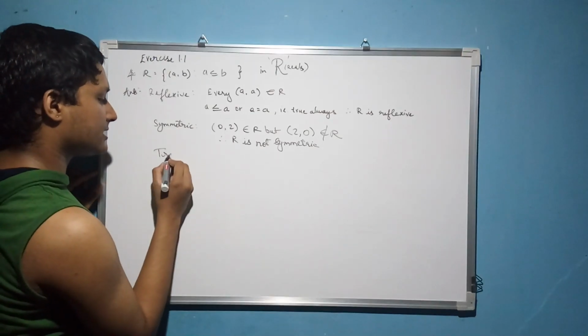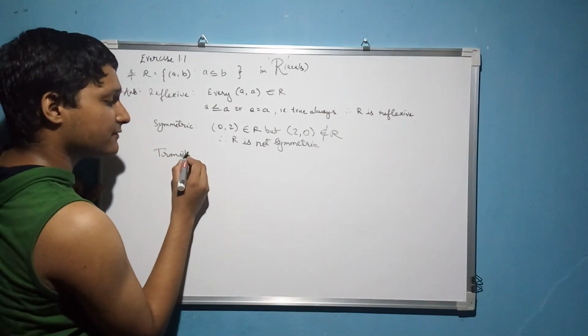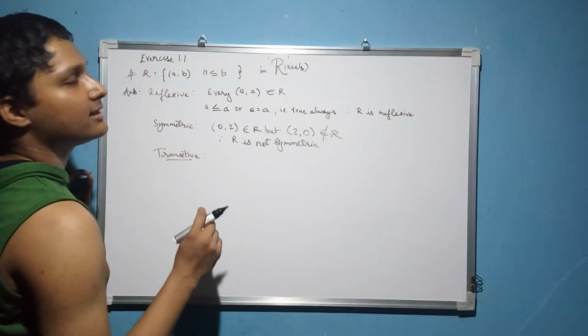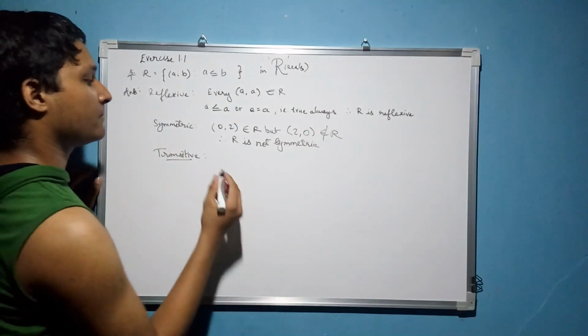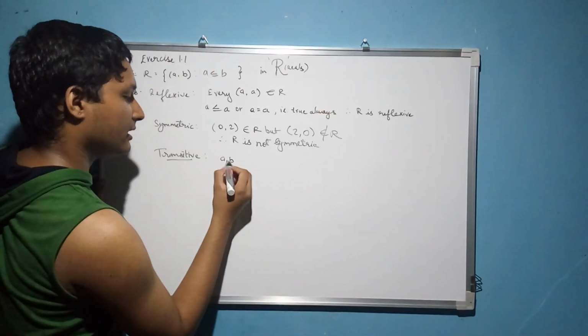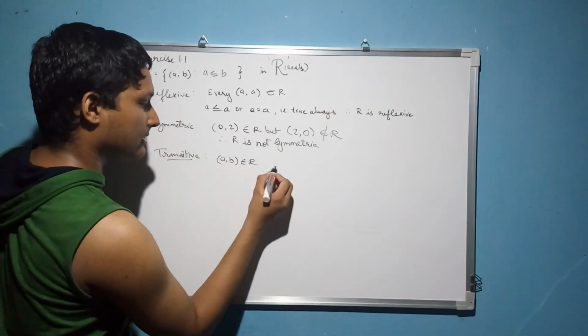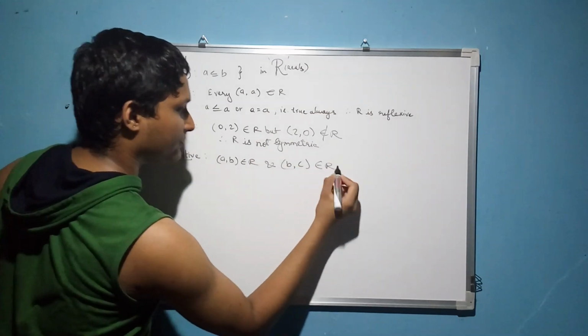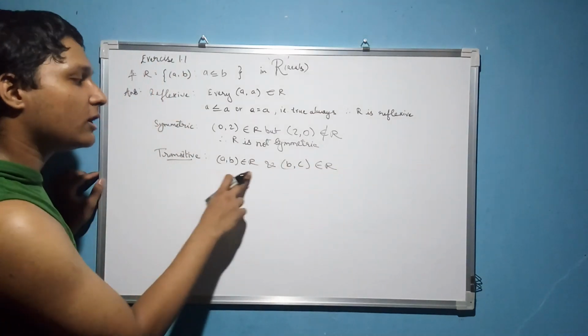Next, going to the transitive. In the question it is given that it is transitive. We have to prove that it is transitive. So you need to take a general statement. So if (A, B) belongs to R and (B, C) belongs to R. What is the meaning of belonging to R?